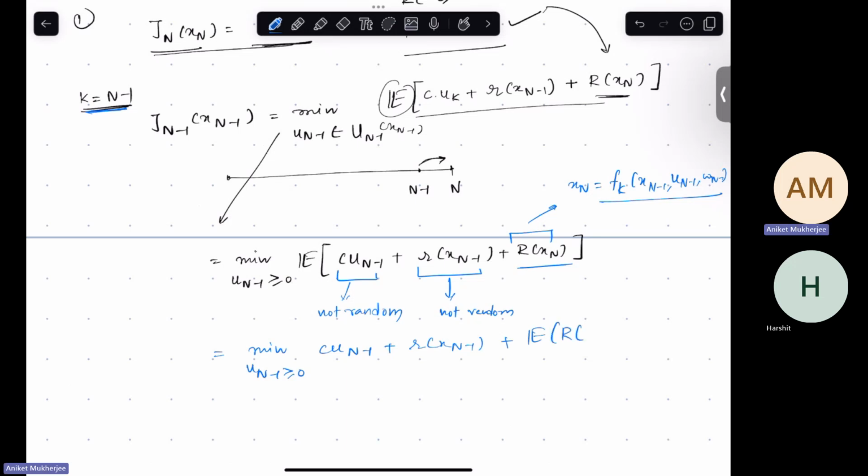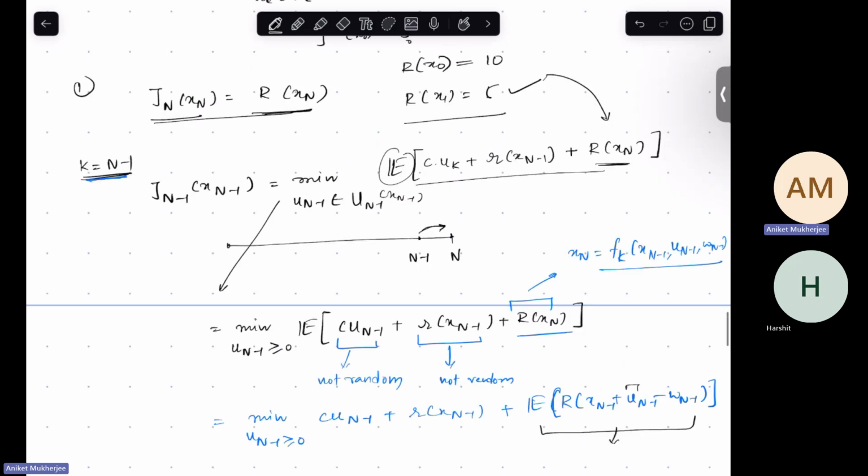Now x_n you can write as x_{n-1} plus u_{n-1} minus w_{n-1}. So this basically gives you the expected reward based on the action that you're choosing and on what state you'll end up.